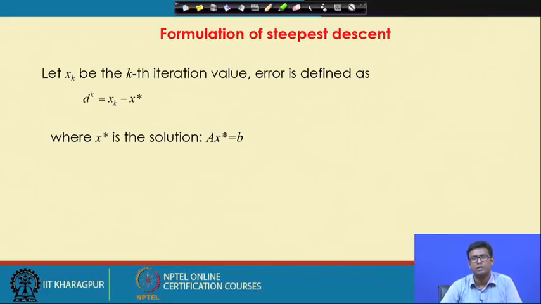That is the location where J is minimal, and d k is the error, that means we considered a guess value x k, the kth iteration value, and d k is x k minus x star.